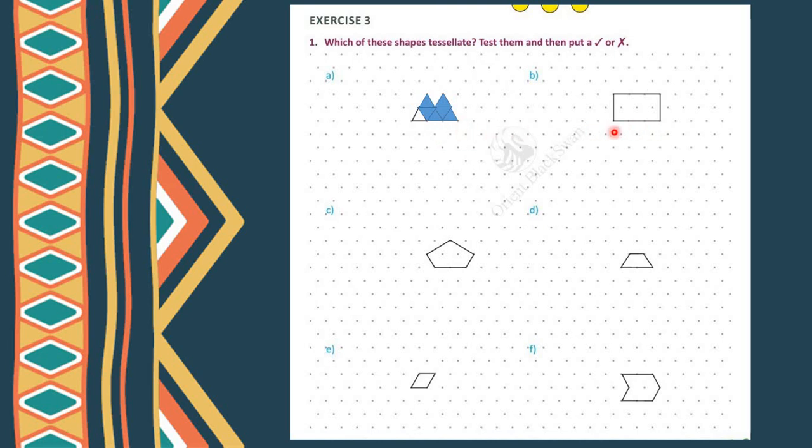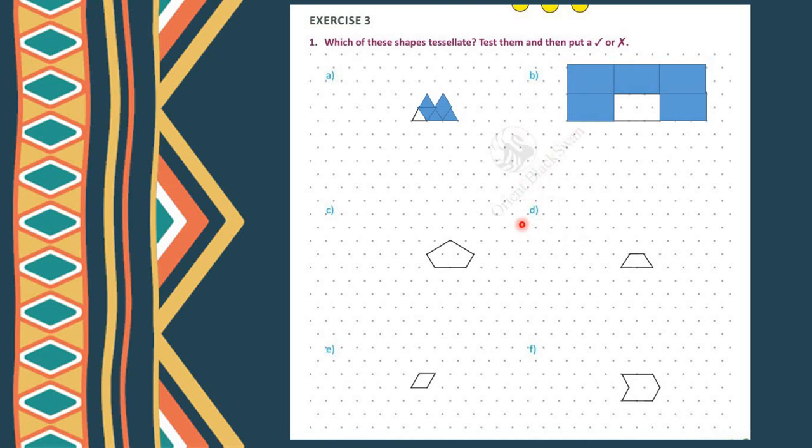Now in B part, you are given with one rectangle. And kids, when you draw rectangles without leaving any gaps, you will find that it will create a tiling pattern. That means it will fit exactly with one another. That means it will tessellate. So B part also tessellates.